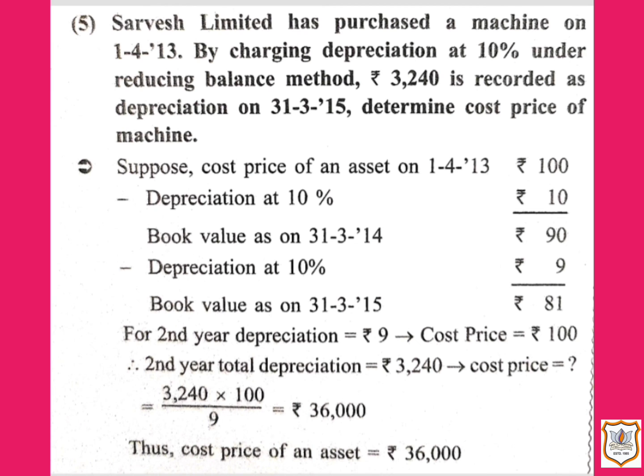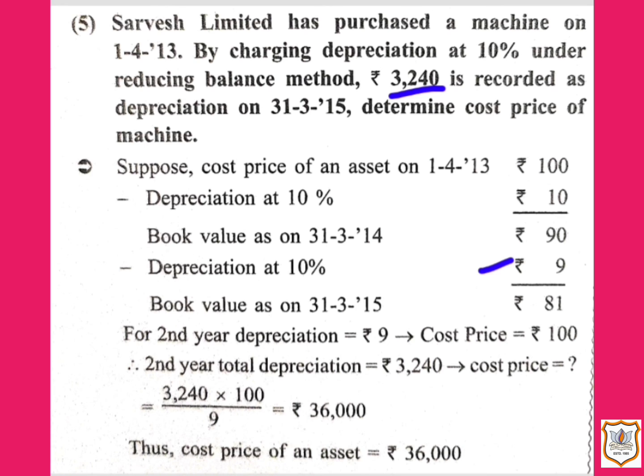So here we have been given the total amount of depreciation for the second year, that is rupees 3,240. And when we assumed cost price of the asset rupees 100 as on 1st April 2013, our depreciation for the second year was rupees 9 as per that assumption.